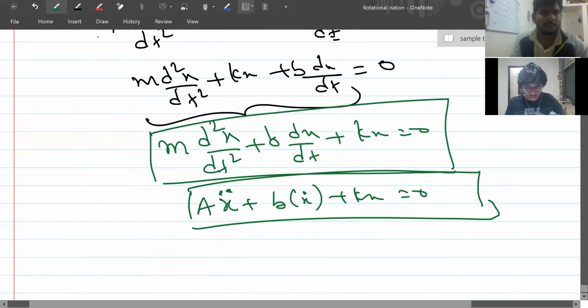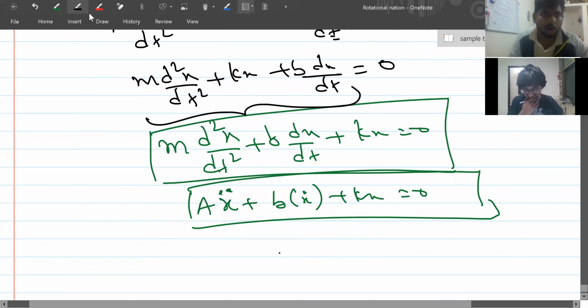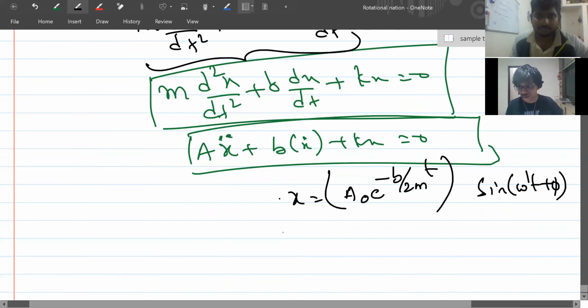I'm directly giving the value instead of deriving how it came. Yes, sir. x is equal to A naught e power minus b by 2m into t, this is the amplitude, into sine of omega dash t plus phi.